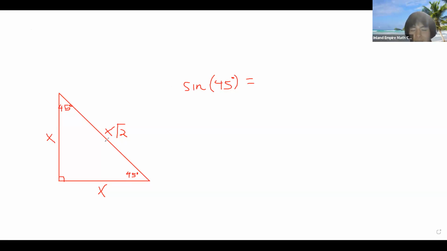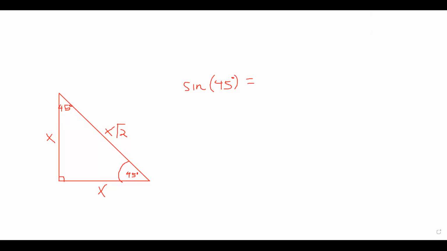Sine is always opposite over hypotenuse. So Jasper, in this case, let's say that we took this angle just for the sake of solving this. What is the side length opposite 45? Just tell me the opposite side length. Sorry, what was that?